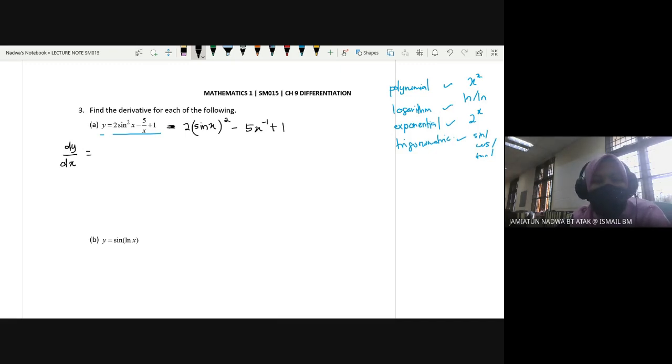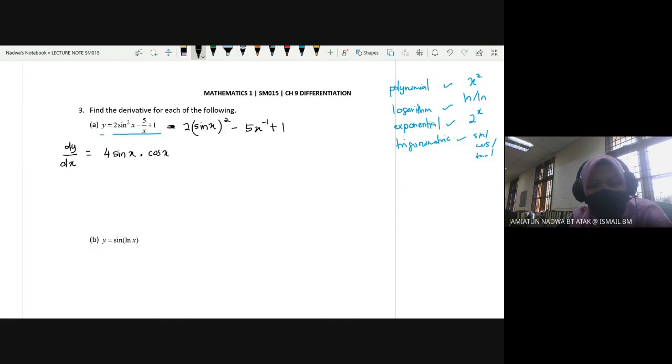Alright, so for this one, we will have 4 sin x. 2, kuasa 2 tadi akan jadi kuasa 1 lah. Okay, dan dalam perut ni ada differentiation yang kita boleh, function yang kita boleh differentiate lagi, which is sin x. Bila kita differentiate, kita akan dapat cos x. Okay, so ini baru yang first expression, first term punya differentiation.